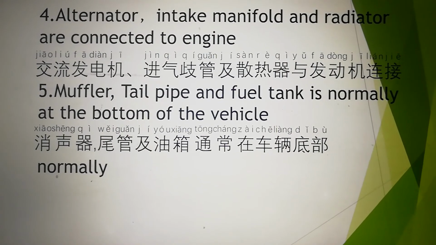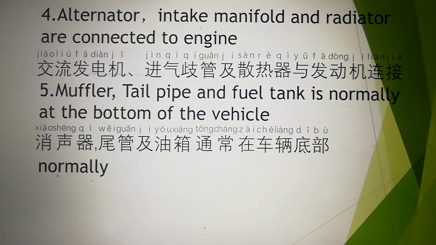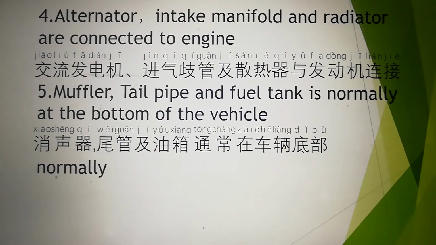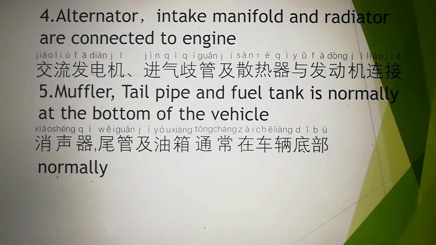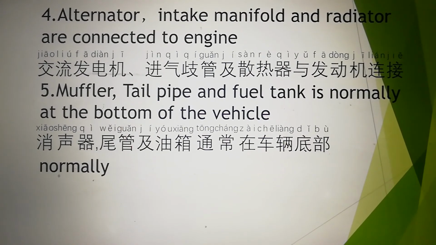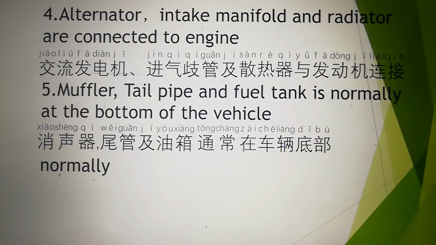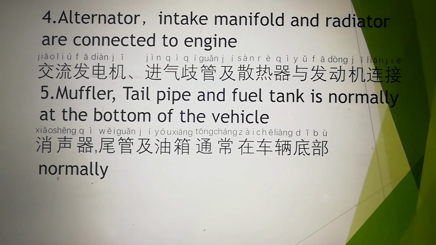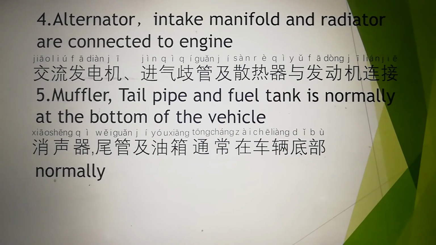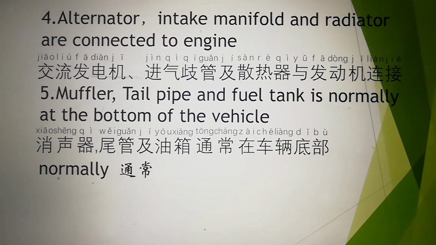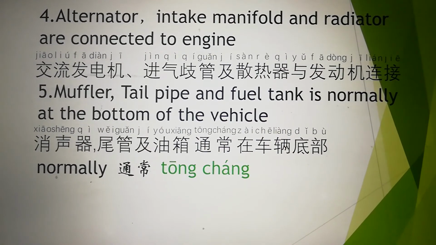Okay, let's analyze this sentence. In this sentence, we have known how to express muffler, tailpipe, fuel tanks, and vehicle in Chinese. But we do not know how to express normally in Chinese. Normally in Chinese can be expressed like this. 通常.